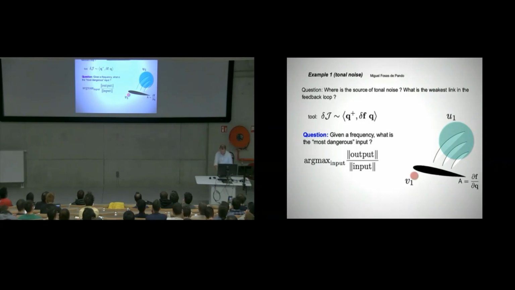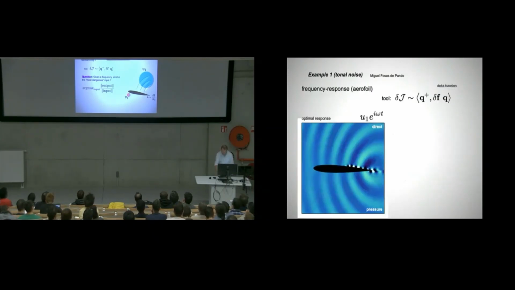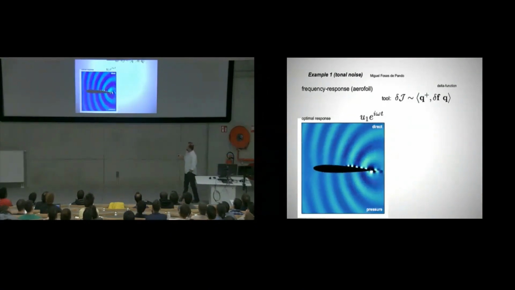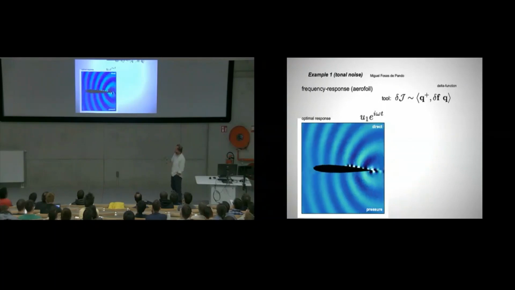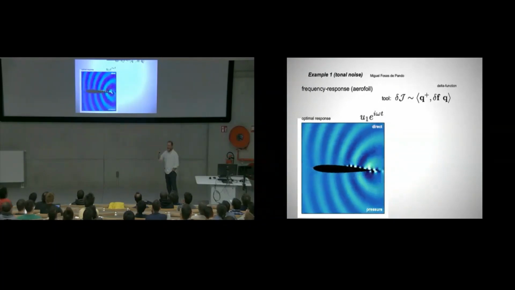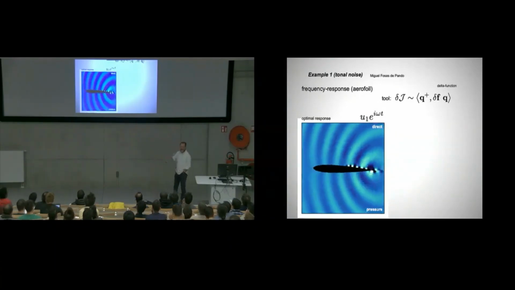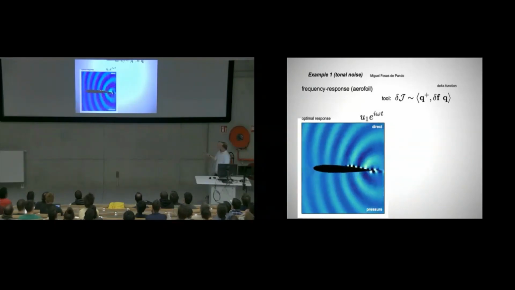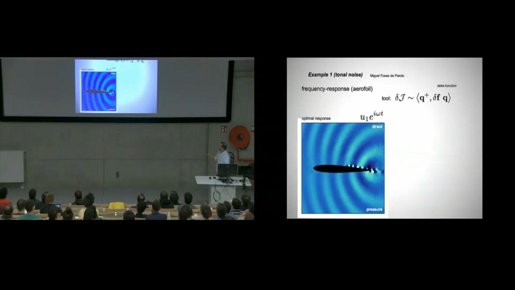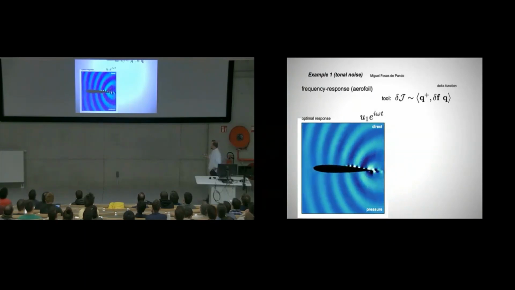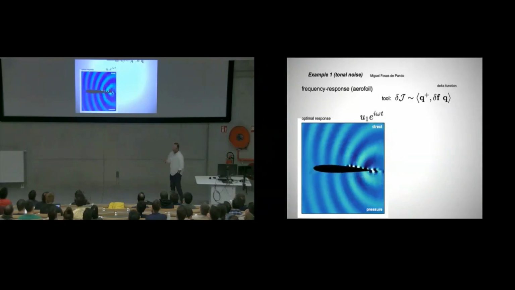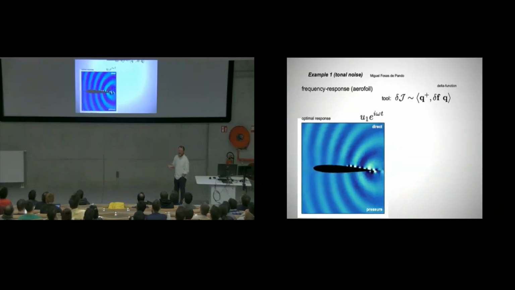Okay, so if you do that one, this is the most dangerous, this is the optimal response, the things that come out that are stimulated at a specific frequency the most. Okay, and you see that this is a modal solution, or this is a coherent solution that has all the features that we're actually expecting to contribute.